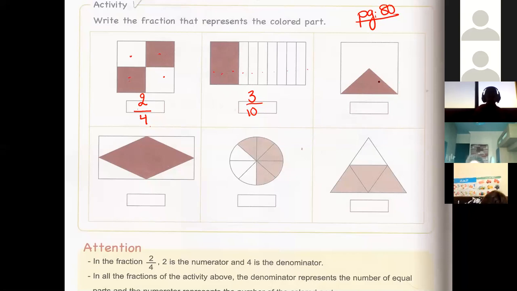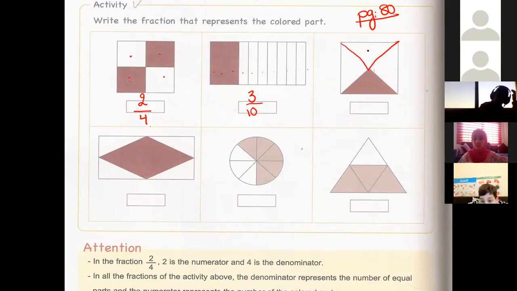Here there's a trick. Did I divide the square into equal parts? No. So before I write the fraction, what shall I do? I will divide this square into equal parts. Let's divide it into triangles like this. Look how. Now all parts have the same size. They are all triangles. Yes? Okay.